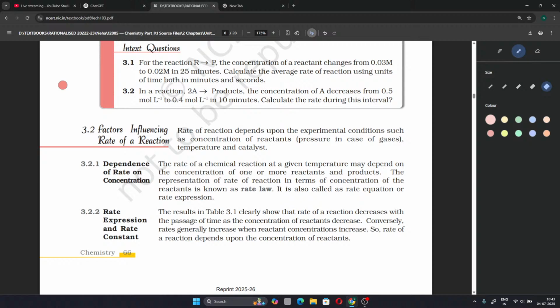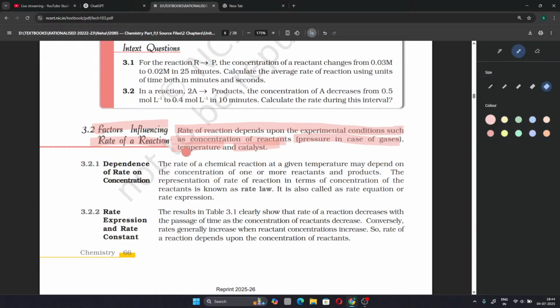Now the next main topic is factors influencing the rate of a reaction. The rate of a reaction depends upon experimental conditions such as the concentration of reactants, pressure in case of gases, temperature of the system, and the presence of a catalyst.